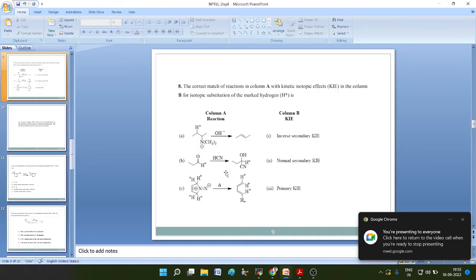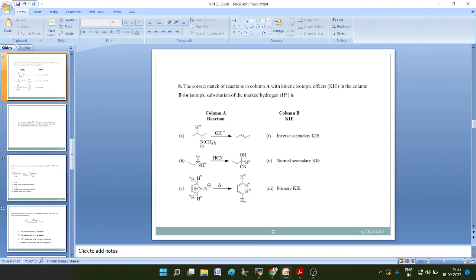Mnemonically, if I go from sp2 to sp3, it will show an inverse secondary kinetic isotope effect. Whereas CH2 was sp3 here and is going to sp2, so it will show a normal secondary kinetic isotope effect. There are many ways to explain this, but I like the simplest one, which I have written here.